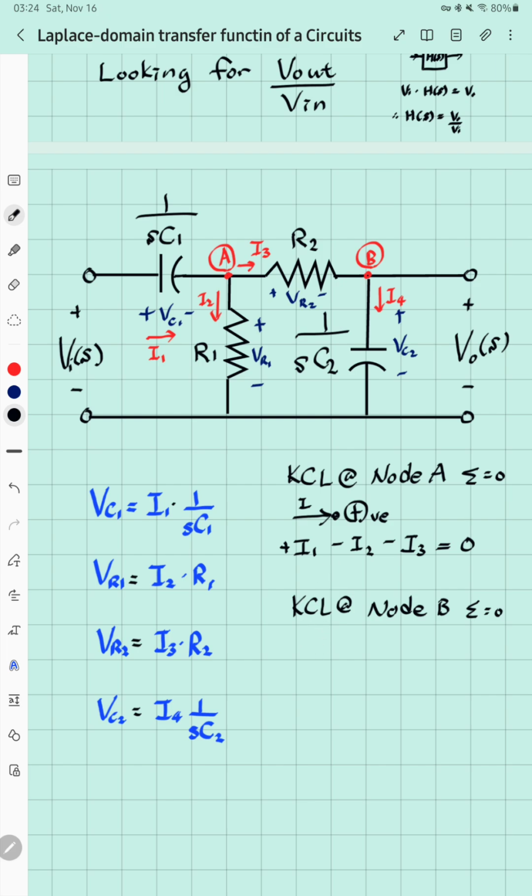Current going into node B is plus I3. Current going out of node B is minus I4, equal to 0.